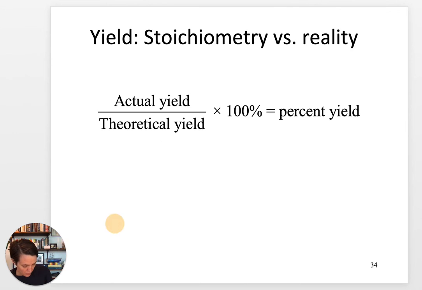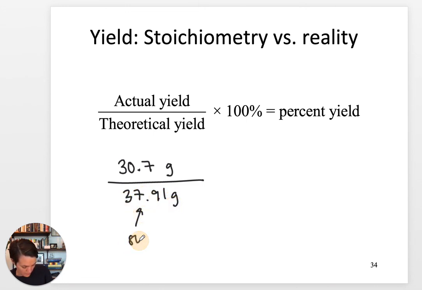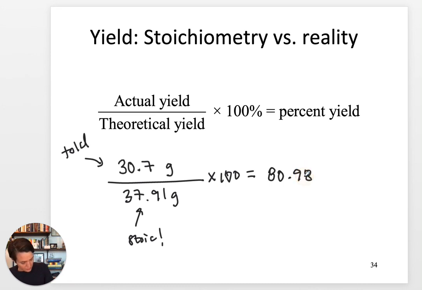To figure out what our percent yield is, it was 30.7, our actual, over our 37.91, from stoichiometry, times 100. We get an 80.98% yield.